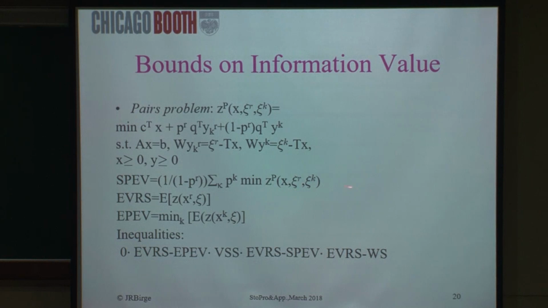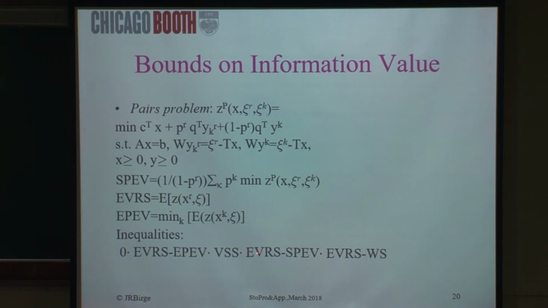If I combine these reference scenarios together, I call that the sum of the pairs problem. And then I can take the value of those reference scenarios and the expected value of using the reference scenarios. And then I can get bounds on the value of the stochastic solution. So I can use these reference scenarios to give me bounds on the value of the stochastic solution.